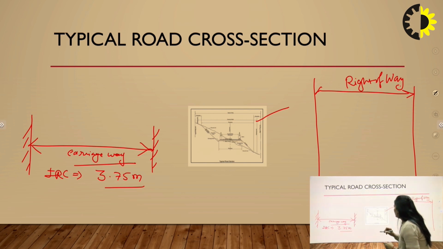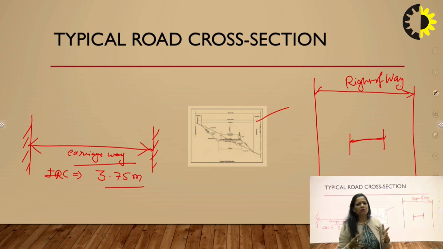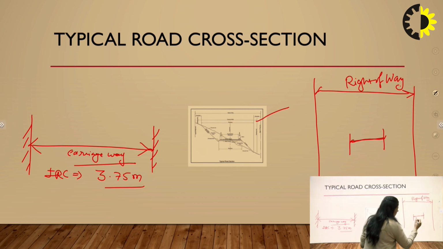In this whole right of way, there must be a segment where you can design a particular highway, where the movement of vehicles takes place. I can design a carriageway without curbs, and I can also design with curbs, so there are different specifications. Let us suppose this is your carriageway.